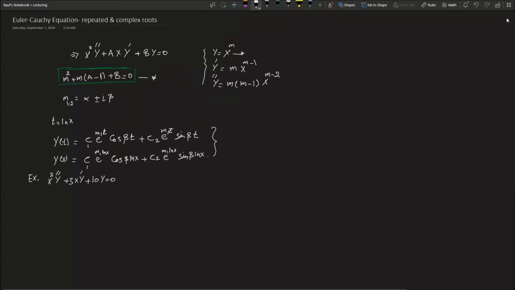Now, as we said, you will assume t equals ln of x, then you apply the general form for y of t. You will be able to apply it after you find the roots from the second form of the equation.